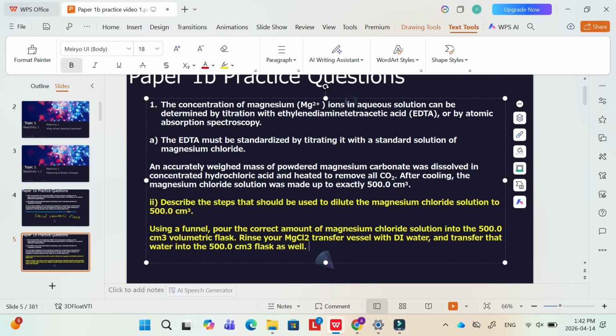Right, after that, fill the 500 centimeter cubed flask to the line. There'll be one line on it that represents a full volume of 500 centimeters cubed. It needs to be filled with DI water. Okay, so then your volume and concentration should be good.